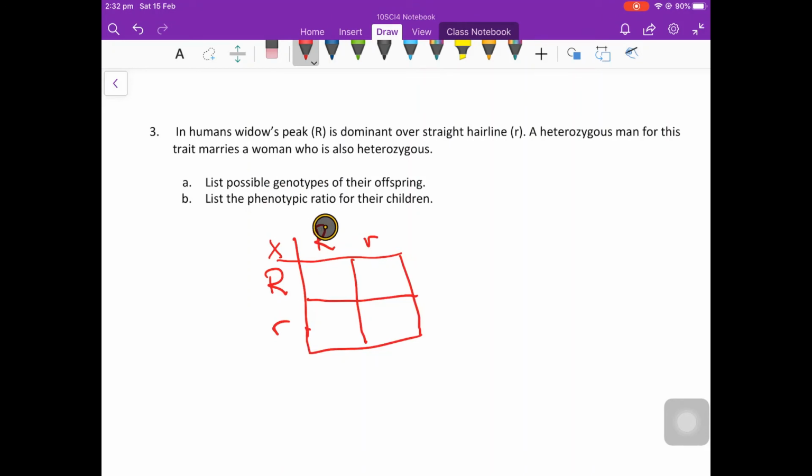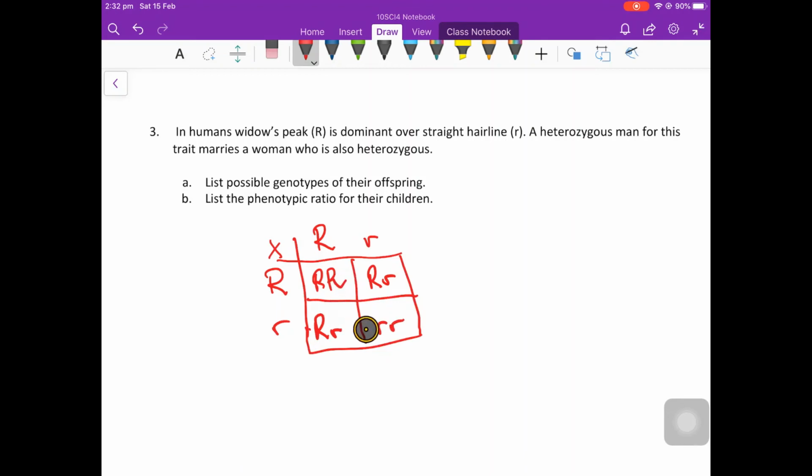So hetero meaning they have 2 different alleles present. Let's cross these together. So in this first box, I'll cross this allele with this allele. It'll end with 2 capital R's. In this box, I'll have 1 capital R and 1 lowercase r. In this box down here, I'll have a capital R and a lowercase r. In this box over here, I'll have 2 lowercase r's.